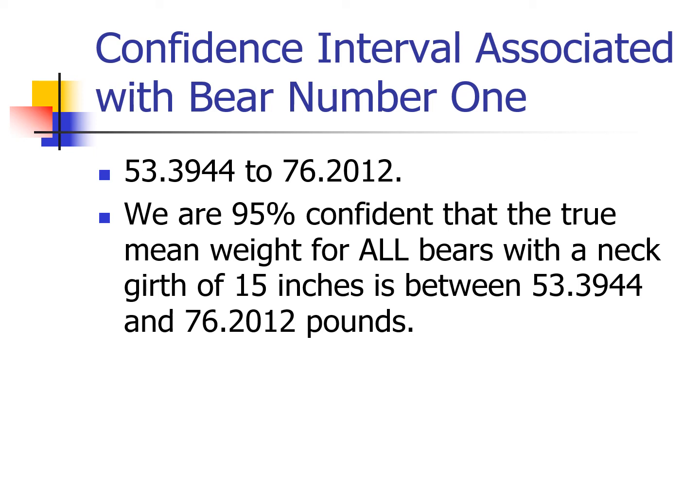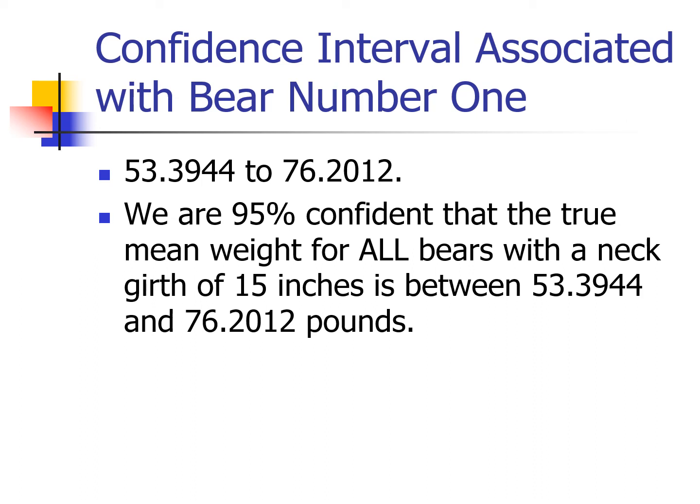So, first let's start with the confidence interval associated with bear number 1. This is the confidence interval for the mean. That confidence interval was 53 to 76. We would interpret it as this: we are 95% confident that the true mean weight for all bears with a neck girth of 15 inches is somewhere between 53.39 and 76.2.